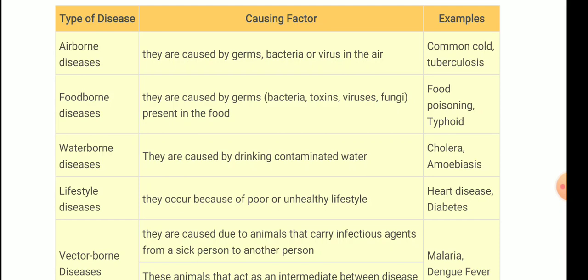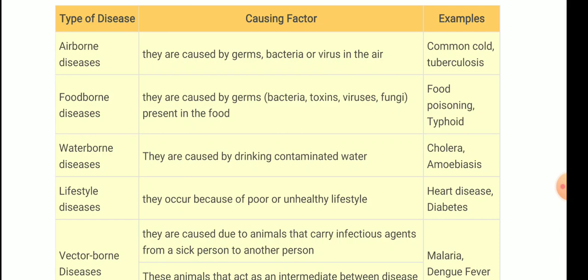Second is foodborne disease, with the help of contaminated food. Examples of such diseases are typhoid and food poisoning. You might have very often seen this condition, food poisoning. It might have happened to you also. If you eat a lot of fast food and junk food, then the condition of food poisoning occurs. Why? Because sometimes the food that is kept for a long period of time gets rotten. So it leads to food poisoning and typhoid.